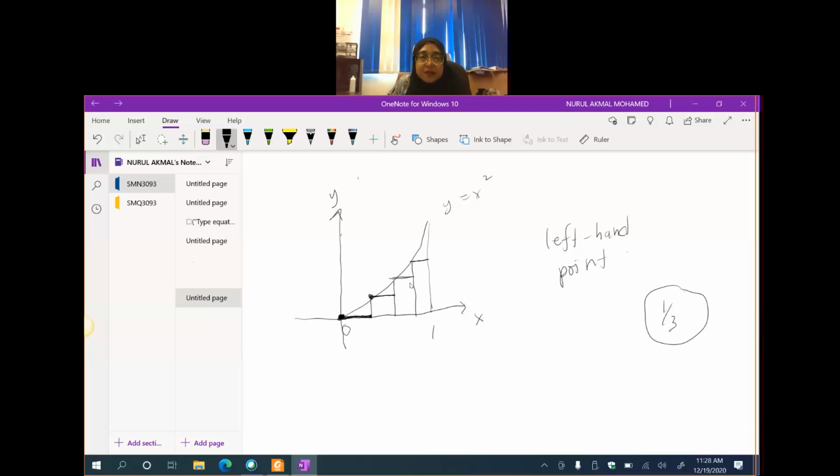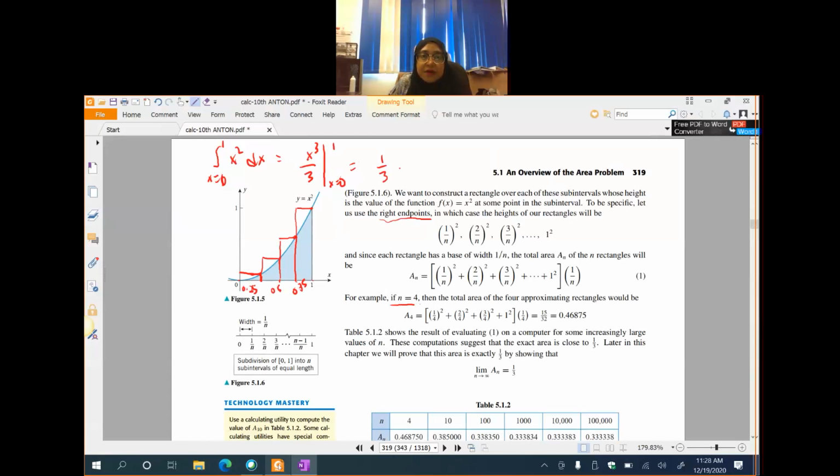For the previous one, with the right endpoints, you will have additional regions, and this one will exceed 1/3, instead of being less than 1/3.